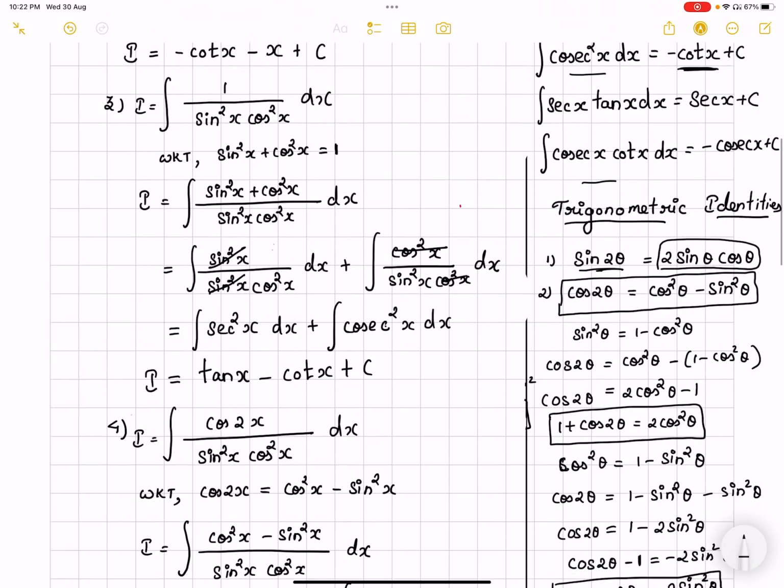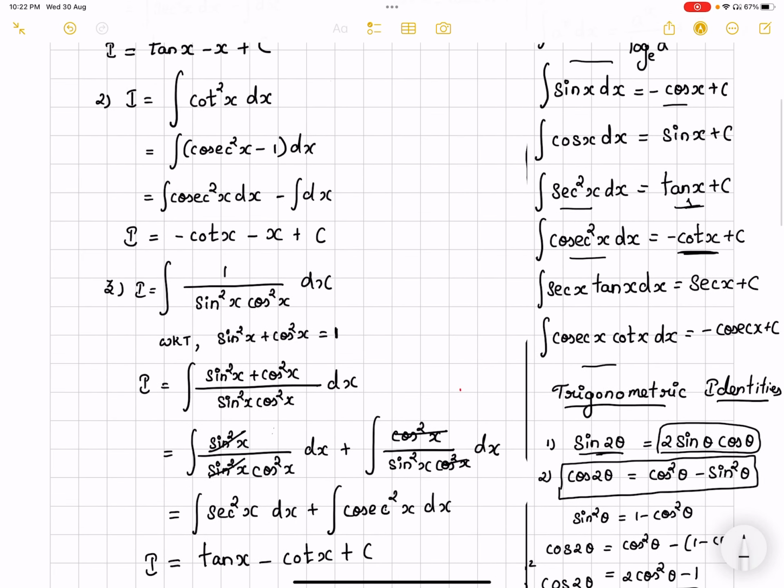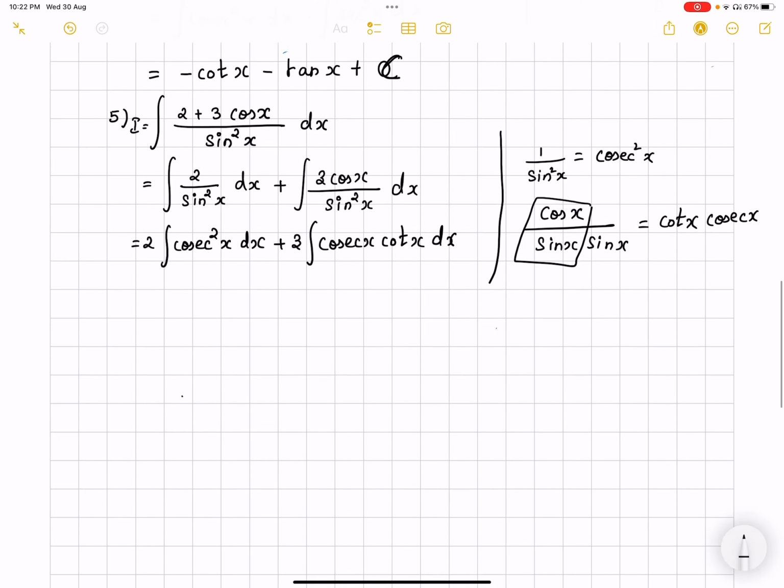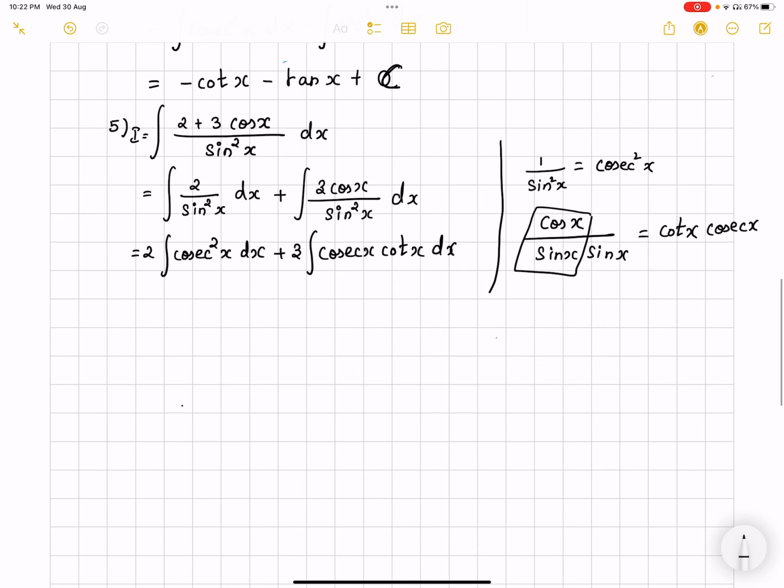Now let's have a check here with the integration formula. See here, we have integral cosecant x cot x, which is minus cosecant x plus c. And we have for cosecant square x, which is minus cot x, which we have already used. So the new one which we are using right now is minus cosecant x for cosecant x cot x integration.